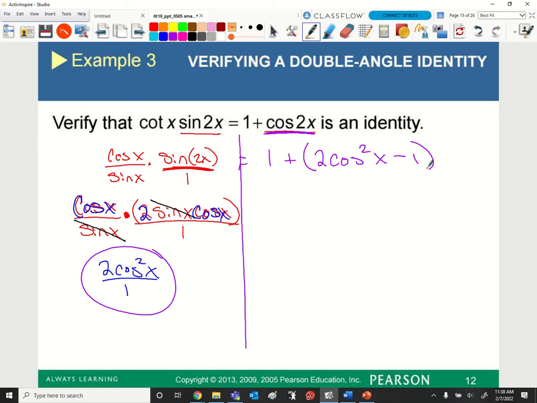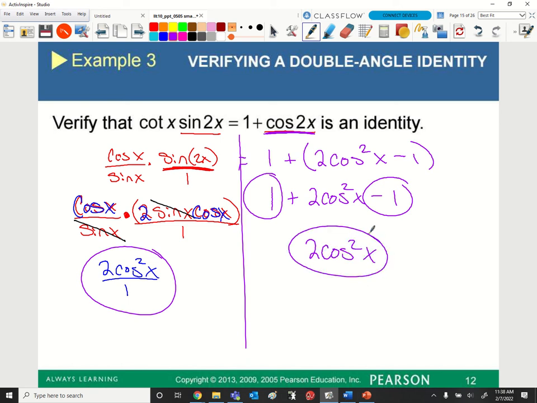If I distribute a plus, I get the same thing. So it's 1 plus 2 cosine squared x minus 1. Now I have a positive 1 here and a negative 1 here. So when I combine those, they're just going to give me 0. So all I'm going to be left with is 2 cosine squared x. And so guess what? Same thing as this, and therefore both of these are now verified.